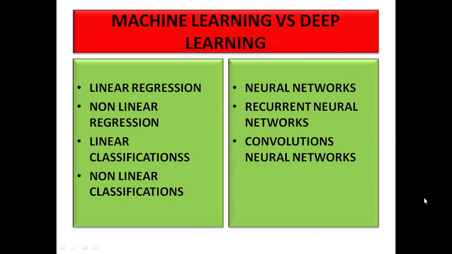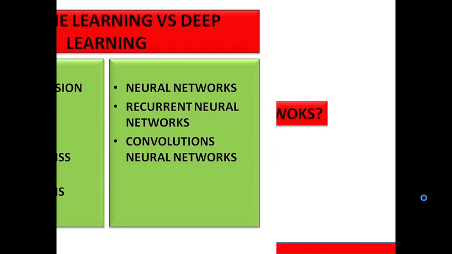We are applying RNN, which is called recurrent neural networks, and CNN, which is called convolutional neural networks, and neural networks too. These algorithm classifications are applicable both ways, because whatever comes in machine learning is also applicable in deep learning.